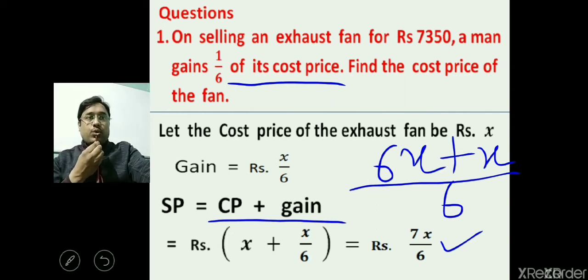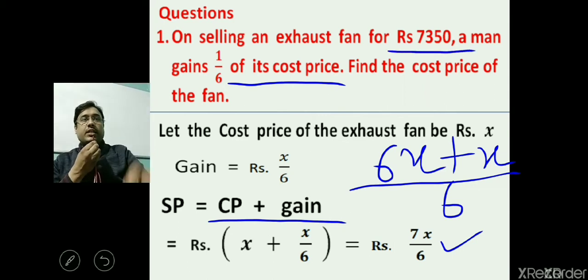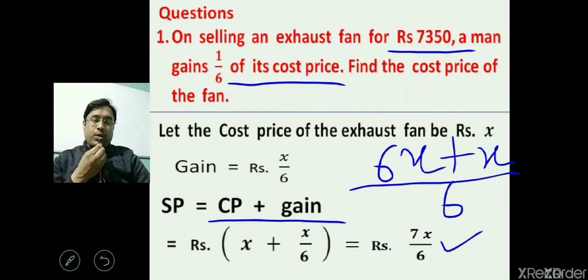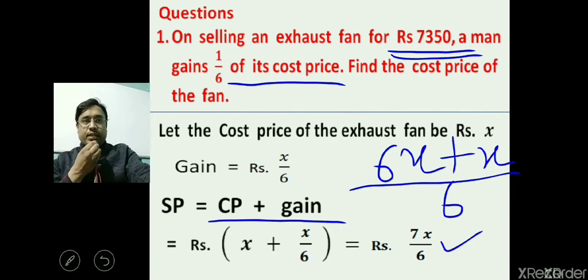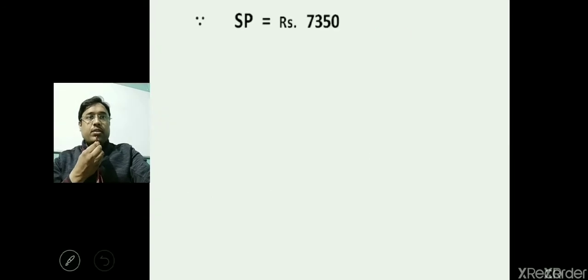But according to the question, the selling price is 7350, and you have got the selling price as 7X by 6, so they are equal. You can equate them in the equation.